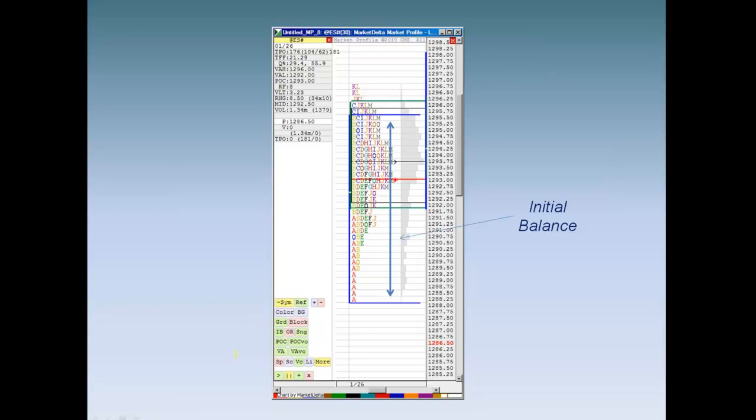You're going to get an A period followed by a B period, and all of a sudden the B period moves in a particular direction in a strong fashion. So when you see this, once again, you have a little bit of a tail down here, and you should be comfortable at this point in recognizing that you've put in the low for the day.